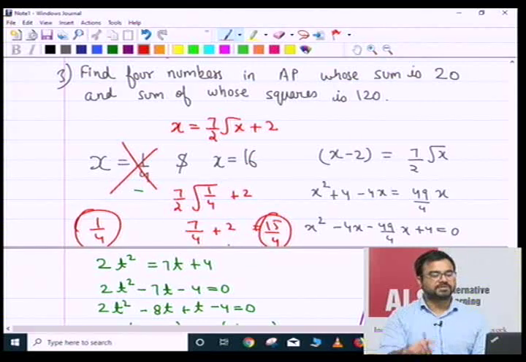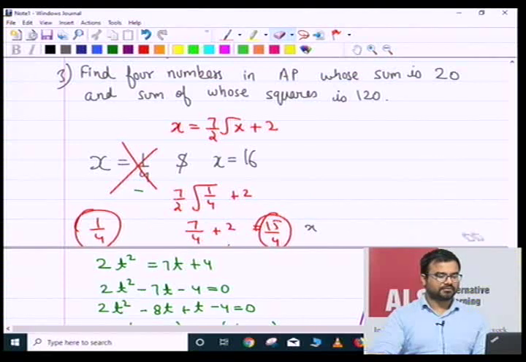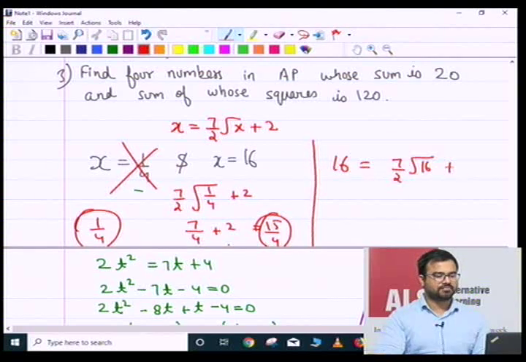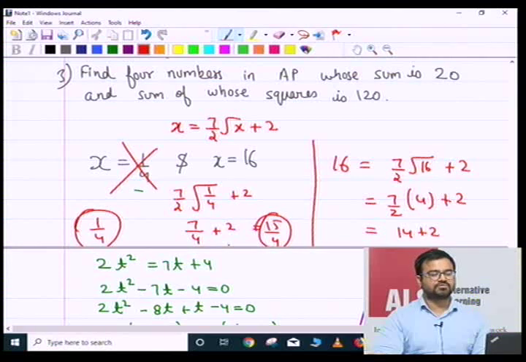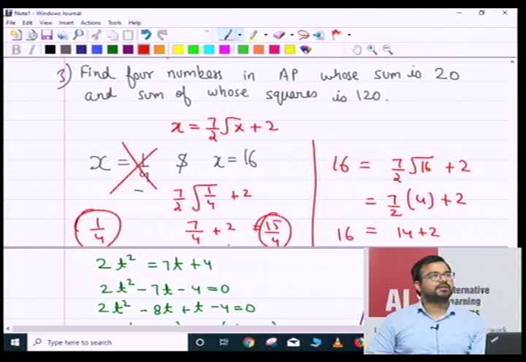On the other hand, if you check for 16, it will work. 16 is equal to 7 by 2 root of 16 plus 2. Root of 16 is 4, so this becomes 14 plus 2, which is equal to 16. Itanagar, are you getting it? On substituting 1 by 4, the equation is not valid, but on substituting 16, the equation is valid.